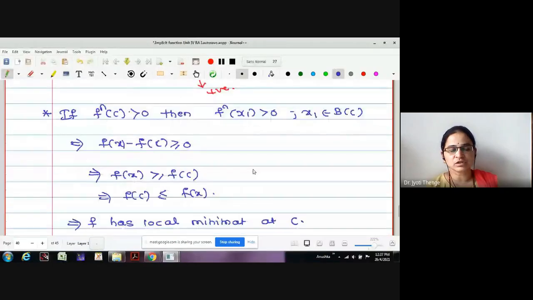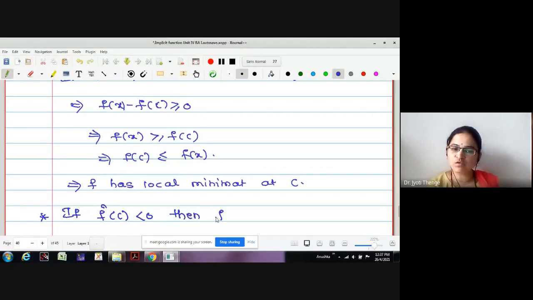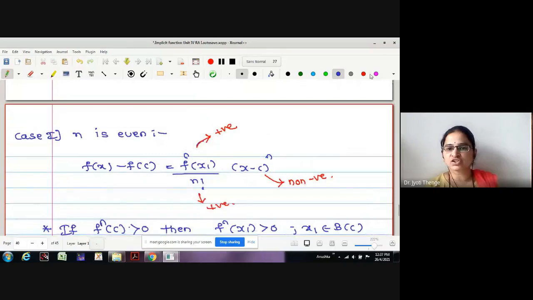First possibility done. What is the second possibility? If f^n at c is less than 0, what can we write? f^n at the point x1 is also less than 0 for x1 being elements in its neighborhood. Now let us check the nature.